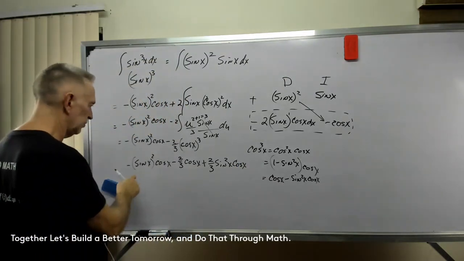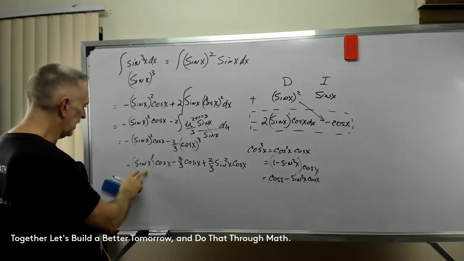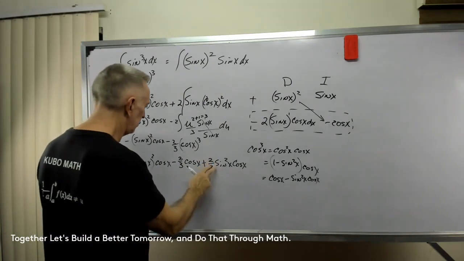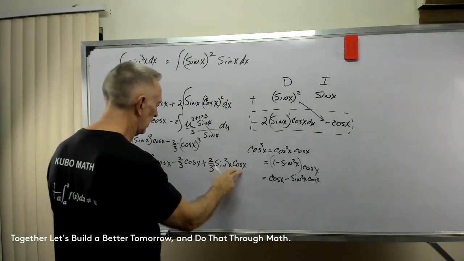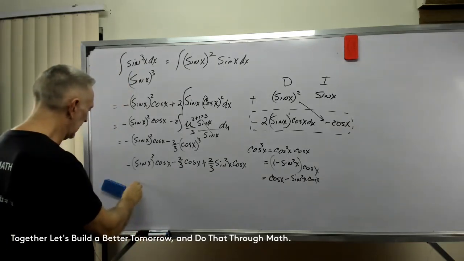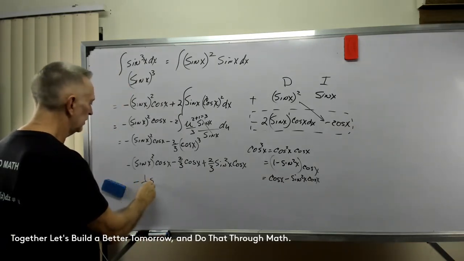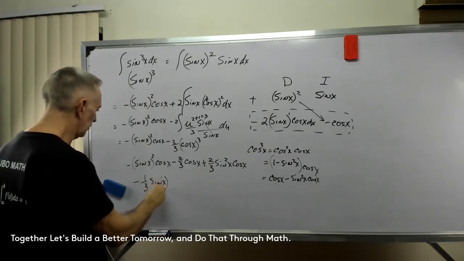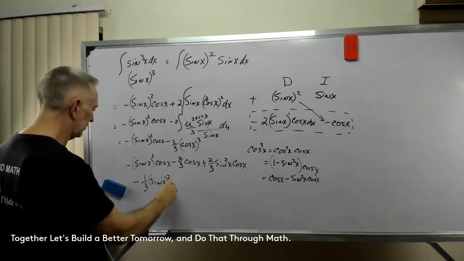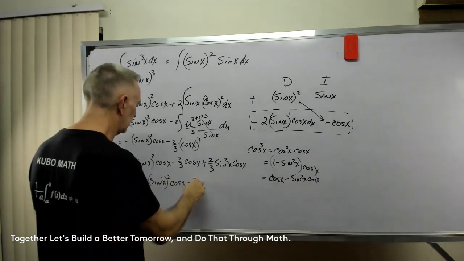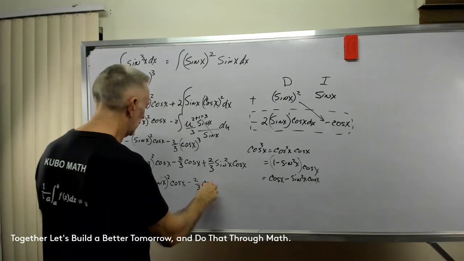Now you'll notice I have a negative sine squared x cosine x and a positive 2/3 sine squared x cosine x. So if I add those together, I get a negative 1/3 sine squared x cosine x minus 2/3 cosine x.